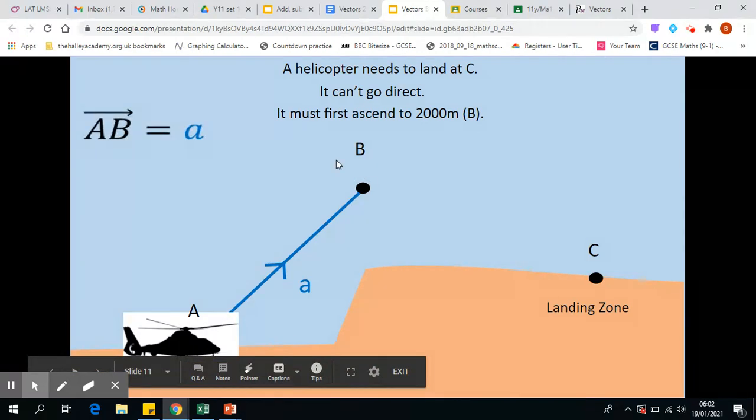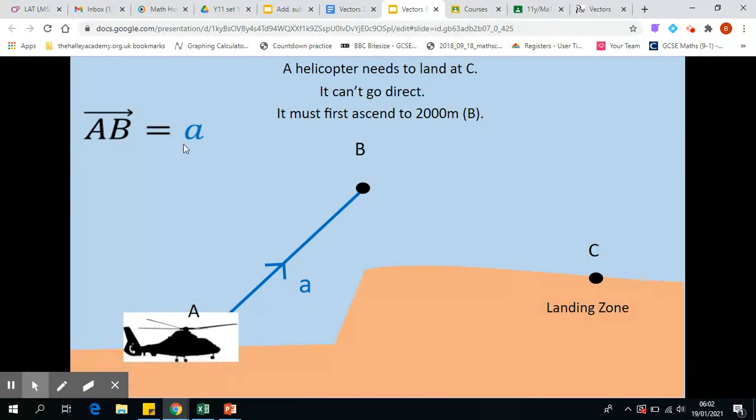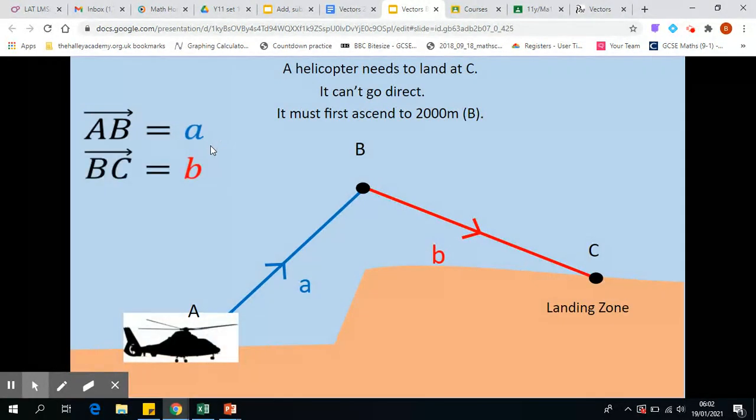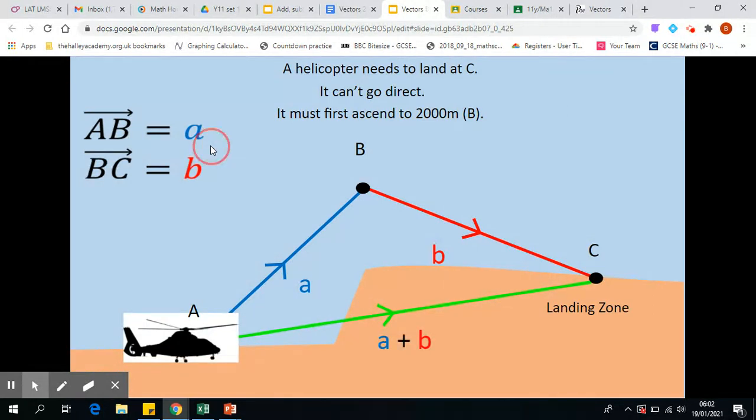So A to B, notice that's capital A and capital B as they are labels of those endpoints, and the vector is given in lowercase, which is small a. B to C would be b. Hence, A to C would be a plus b.